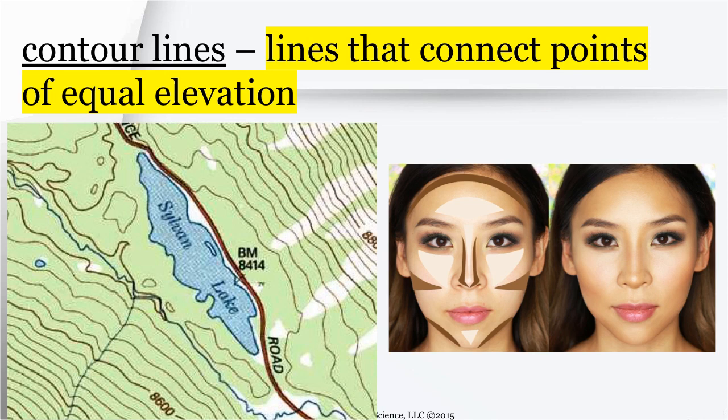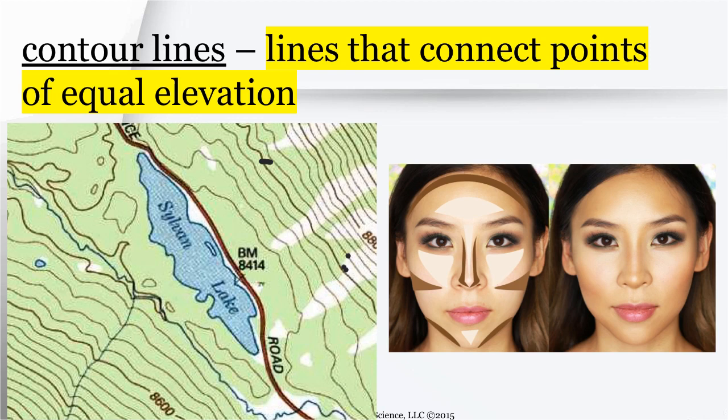These are lines that connect points of equal elevation. So if I'm standing here on that dark brown line, I'm going to be at the same exact elevation, the height above sea level, as I would be if I were here on that same line. As long as I'm on that same line, then I'm at the same elevation above sea level.